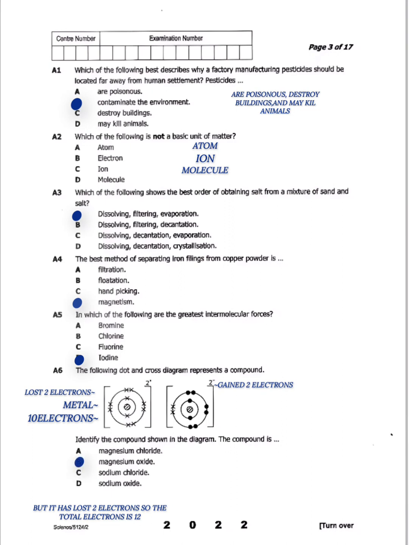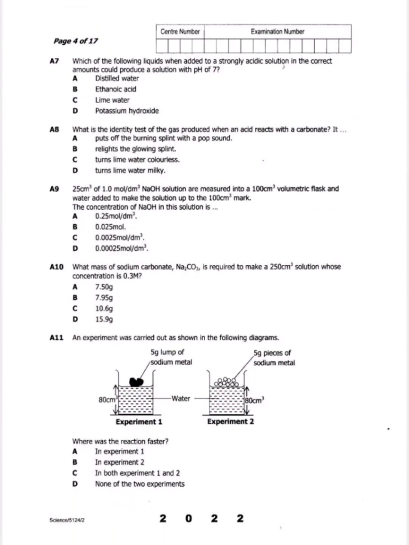So let's move on to the next one. The next one is saying which of the following liquids when added to a strongly acidic solution in the correct amounts could produce a solution with pH of 7. So A, we have distilled water. Distilled water is not a base because here they are talking about the neutralization reaction. As for a neutralization reaction, when a base reacts with an acid, only water and salt are produced. Then B, which is ethanoic acid.